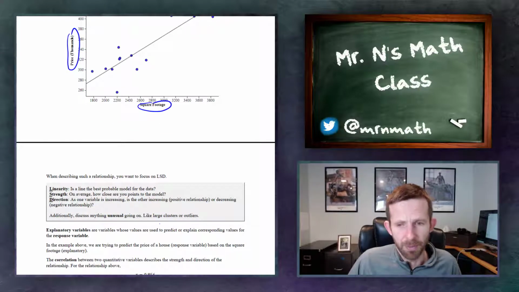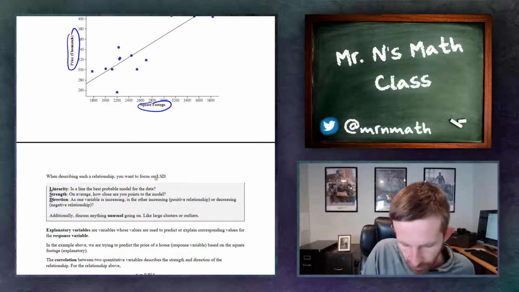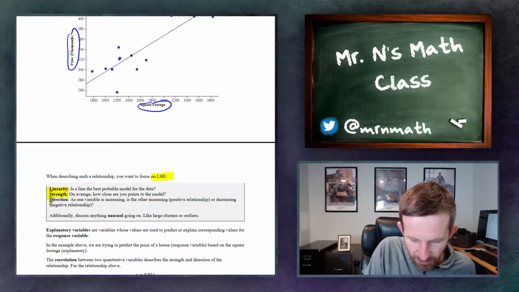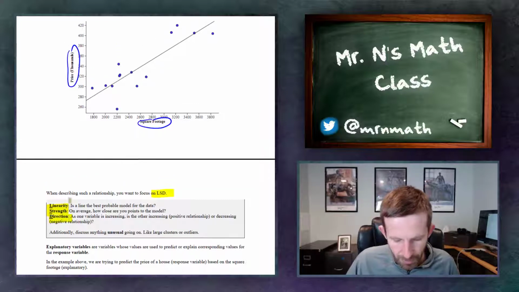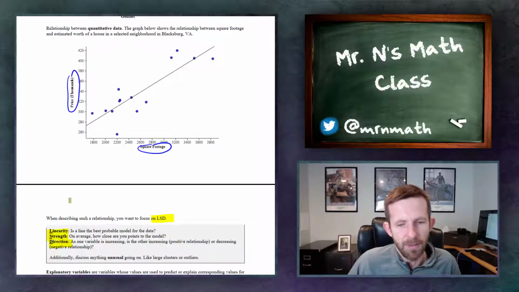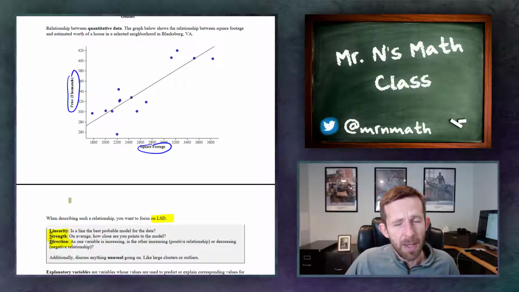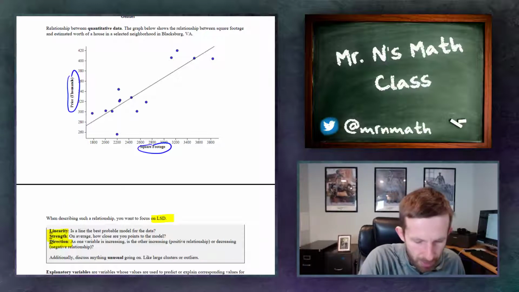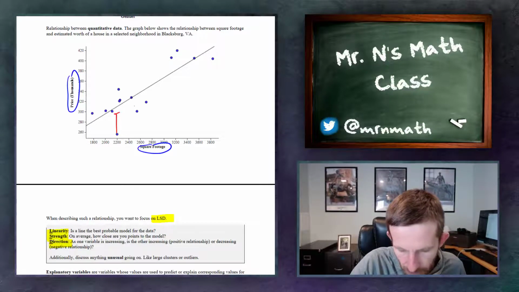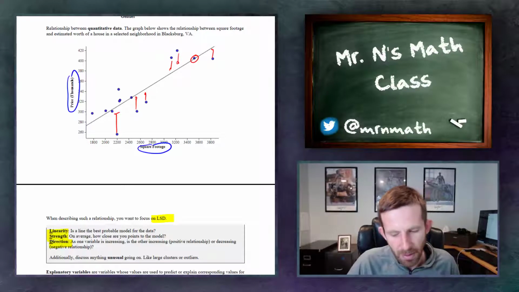When describing such a relationship, I want to focus on LSD, which is linearity, strength, and direction. So linearity says, is the best model for the data going to be one that's a line? Strength is, on average, how close are my actual points to my predicted points. So for example, here the predicted value is very close to the actual value, pretty much identical.